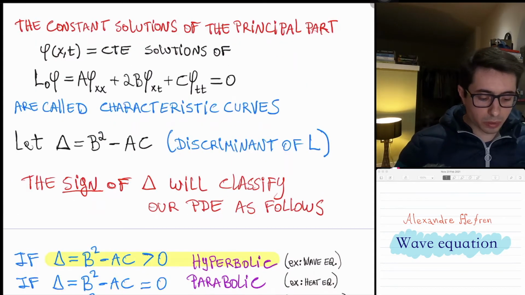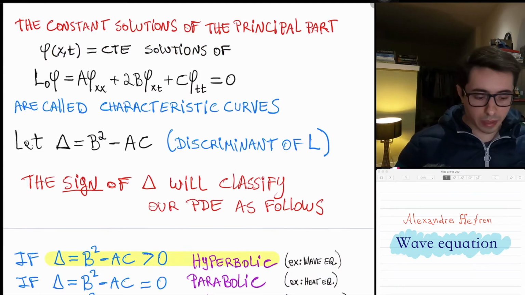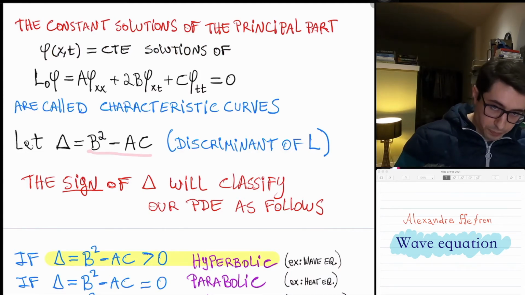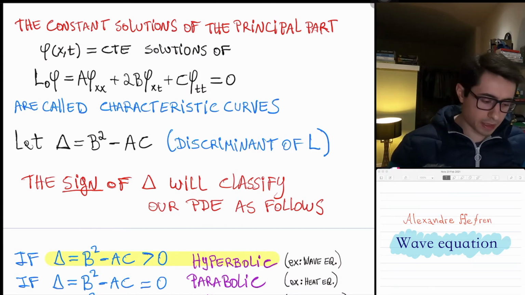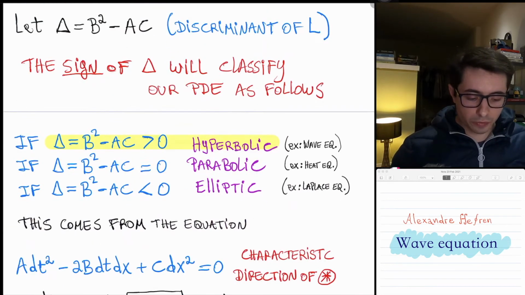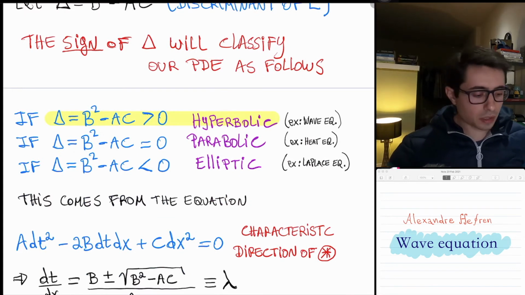But in particular, what I would mention is that there is a quantity called the discriminant of our operator, here we call it delta, which is b squared minus ac, and the sign of this discriminant will tell us what kind of equation we have. So if this delta is positive, we say that our equation is hyperbolic.